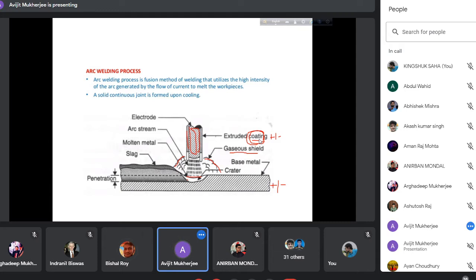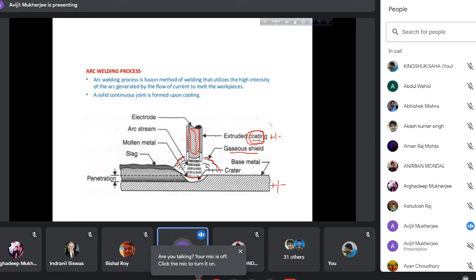On the contrary, rapid cooling or rapid quenching is not desirable in various cases. Slow cooling, that is normalizing: just heat the job and place it in the normal atmosphere overnight, or for 2, 3, 4 days. Gradually the heat will be dissipated, and that will give very good mechanical properties.